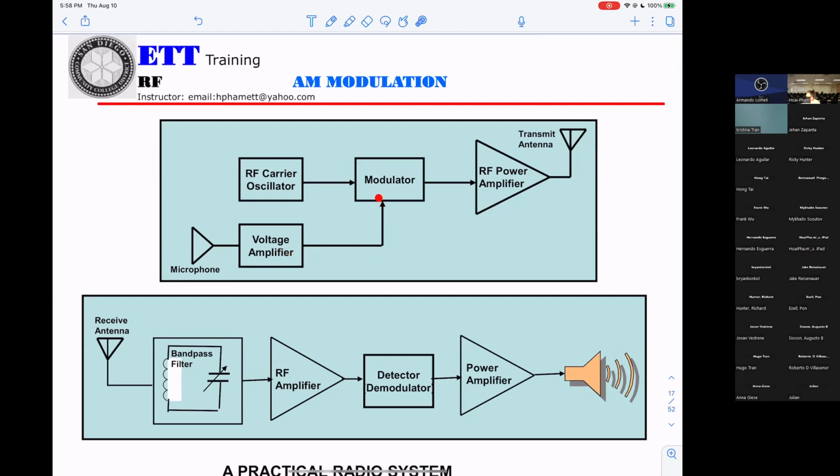And then it goes to the modulator. And the modulator gets another input from an oscillator they call the RF carrier oscillator. So the modulator gets two signals: one from your voice and one from the carrier oscillator. They combine the signals here in the modulator, go to the RF power amplifier, then go to the antenna to transmit it.